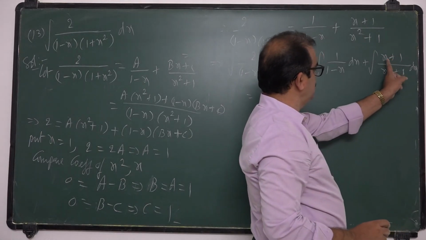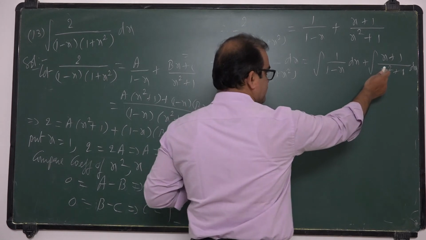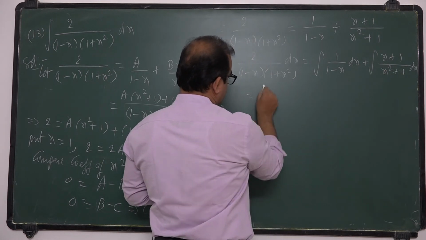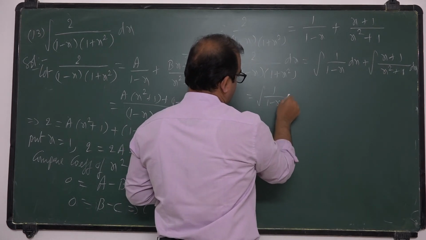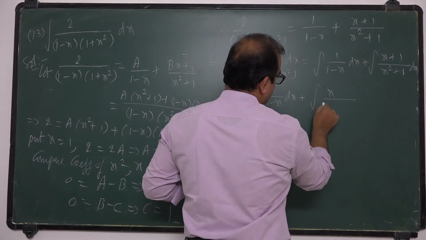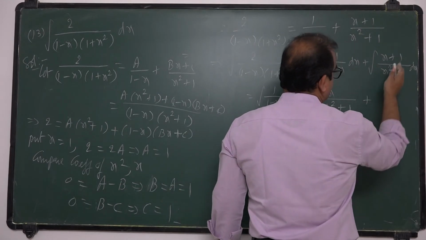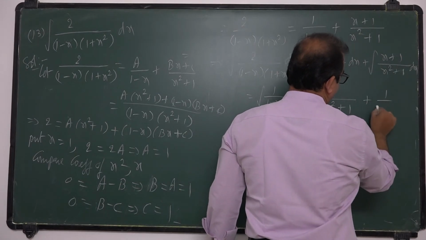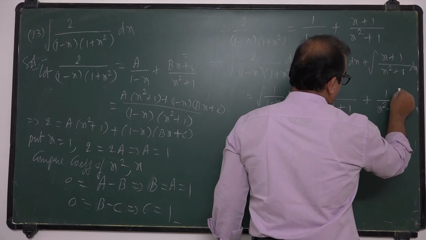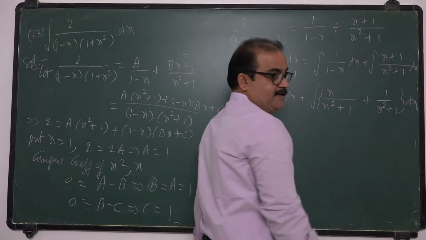Here we separate the integration. You write it as x by (x squared plus 1) plus 1 by (x squared plus 1). Divide it separately.